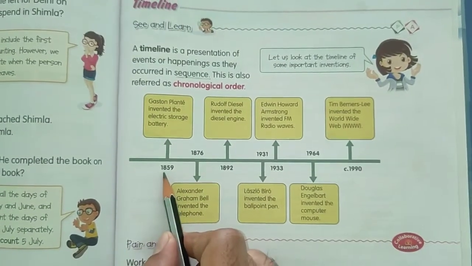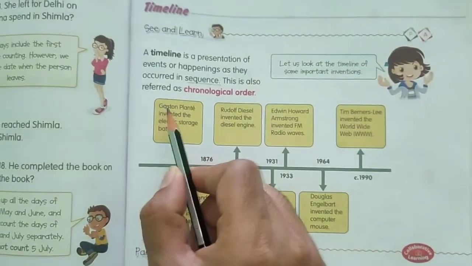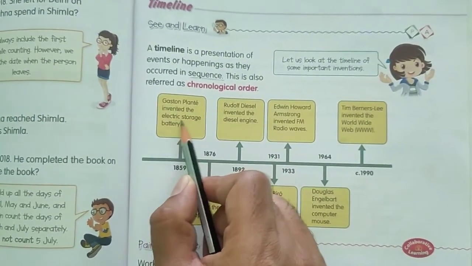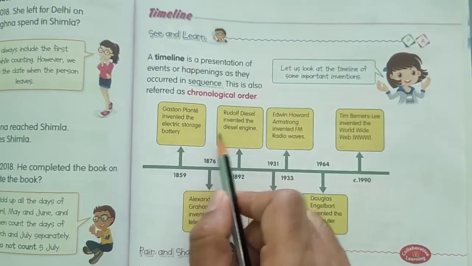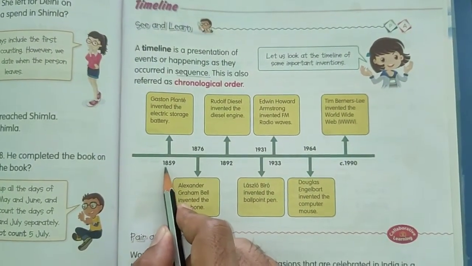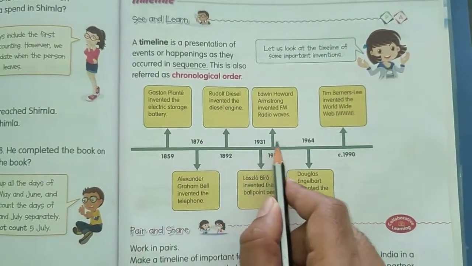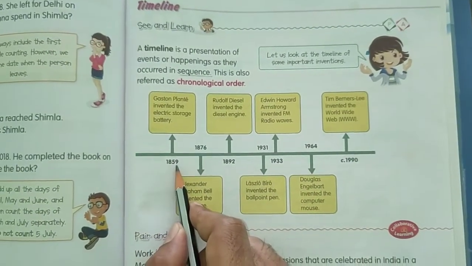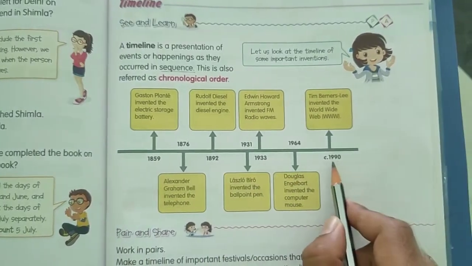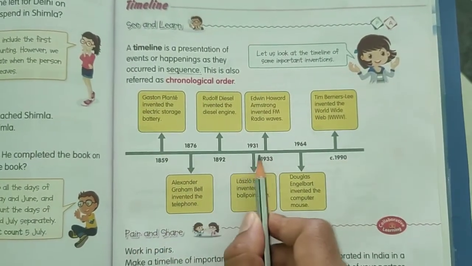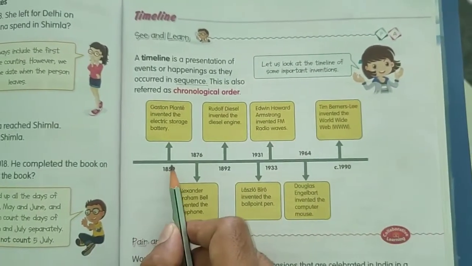So what is happening here? In 1859, Gaston Plante invented the electric storage battery. All these are about inventions, and here first of all we are writing old inventions and then we are moving toward new inventions. So here 1859 is there, and here 1990 is there. So we are writing these years in increasing order.